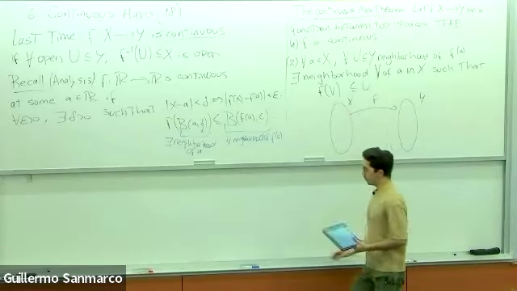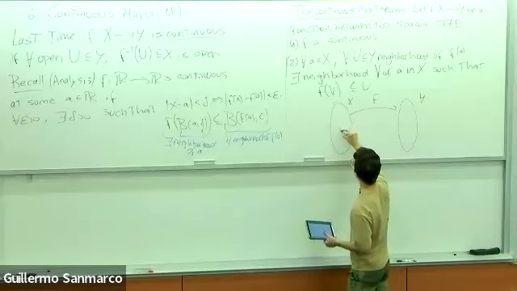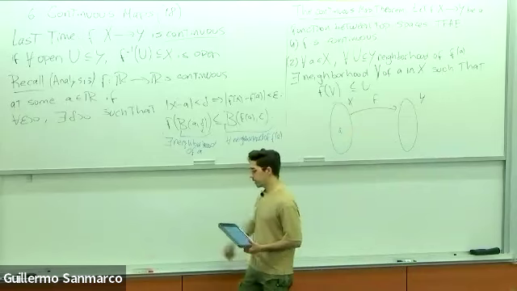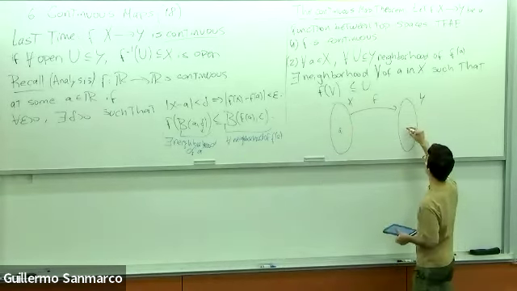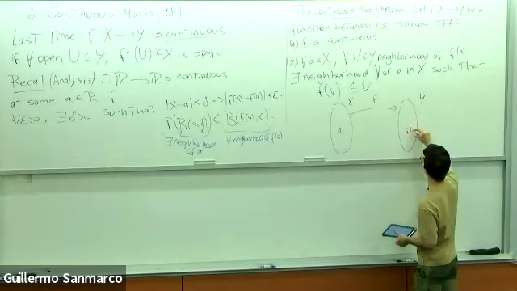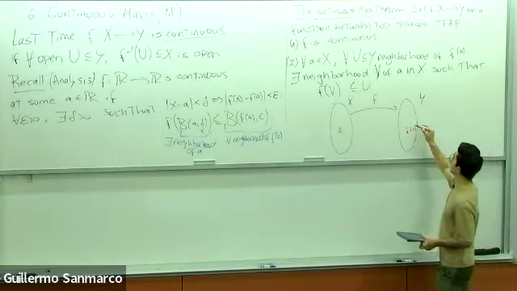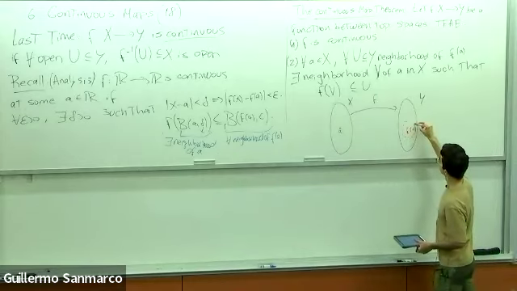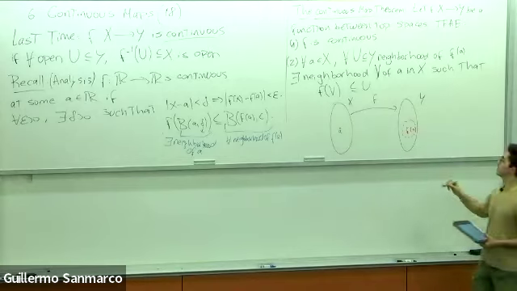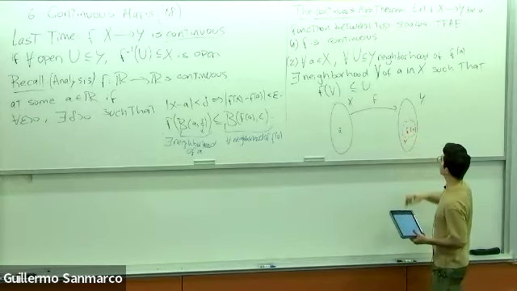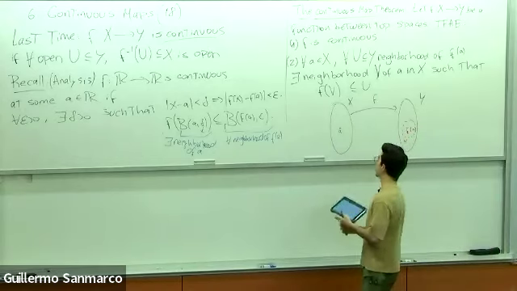2 is telling you, you take any a here. You apply f, you land somewhere, f of a. Now you take an arbitrary neighborhood of f of a. This is the thing that you need to do for all. And then you need to find your delta here.